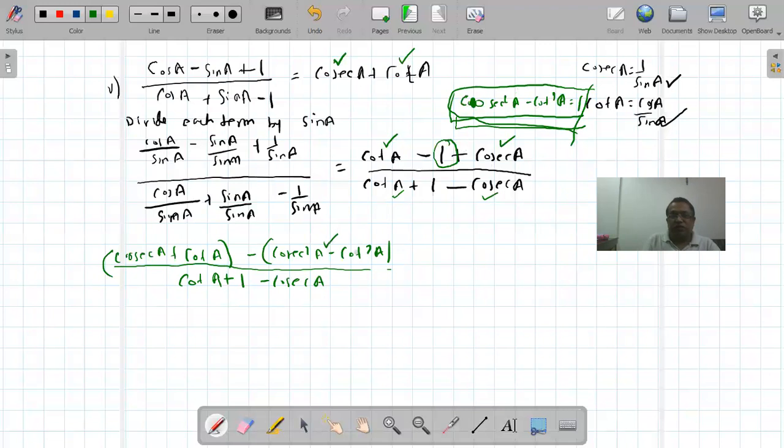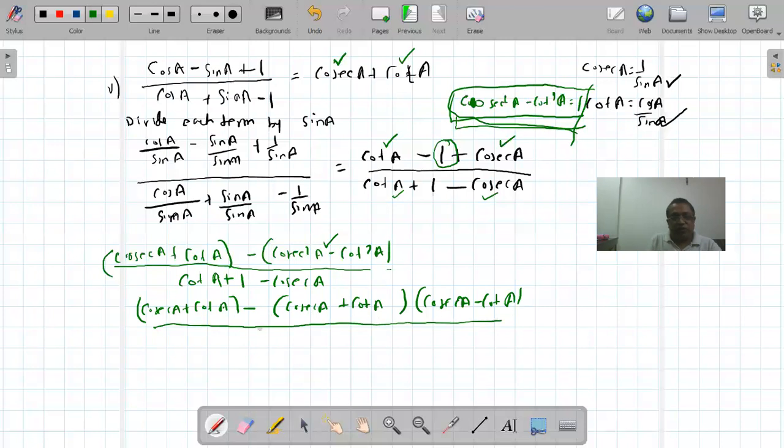Now this is an identity, A square minus B square, so I can write this in the form of A plus B, A minus B. So in the next step, we are going to write this as cosec A plus cot A as it is, minus, I'm going to replace this with cosec A plus cot A into cosec A minus cot A. The denominator will remain as it is, that is cot A plus 1 minus cosec A. So this is A square minus B square, A plus B, A minus B.